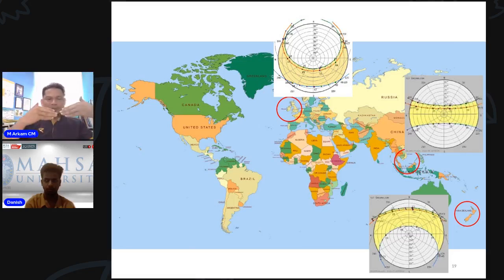They're facing south because the sun is positioned to the south. In the southern hemisphere, for example in New Zealand, the sun is positioned on the north, so they face 60 degrees to the north.